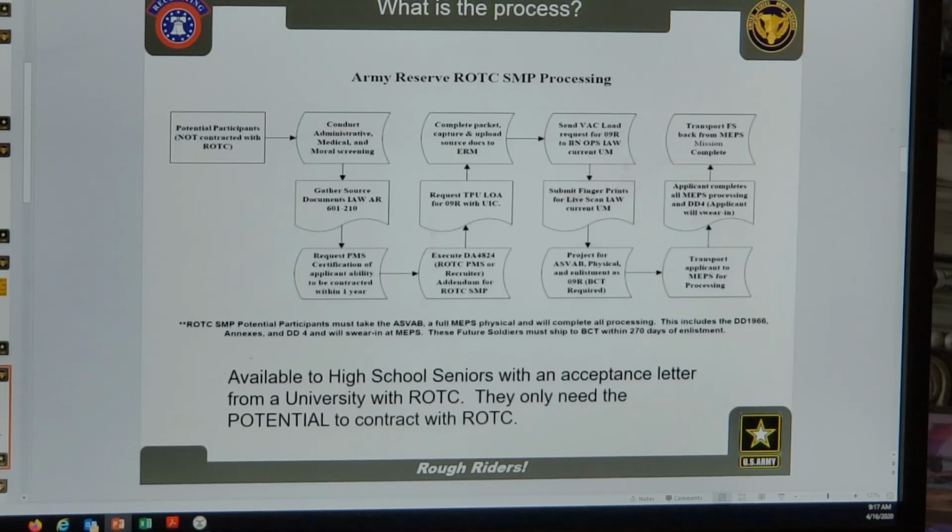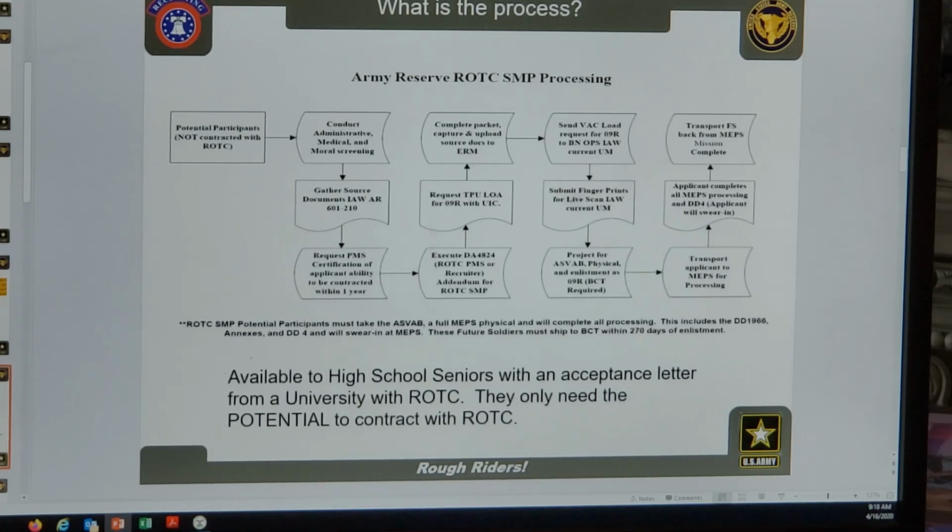Now we're going to get source documents, in accordance with AR 601-210, chapter 2. We're going to gather the birth certificate, college letter, high school letter, whatever the case may be, diploma. The extra piece of source documents that we need for SMP is something saying that they're enrolled in a college that is tied to an ROTC program or some sort of affiliation with an ROTC program.